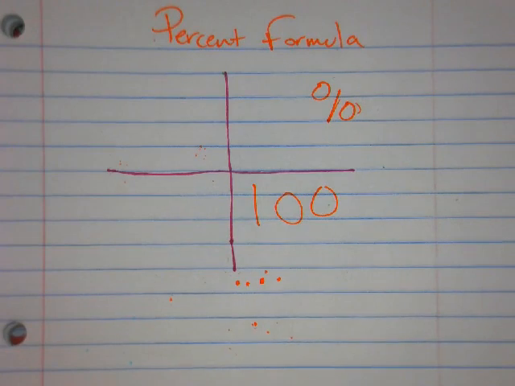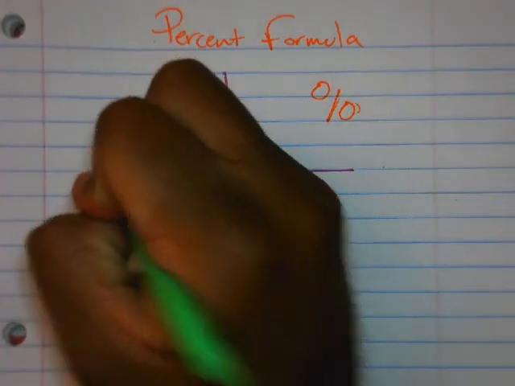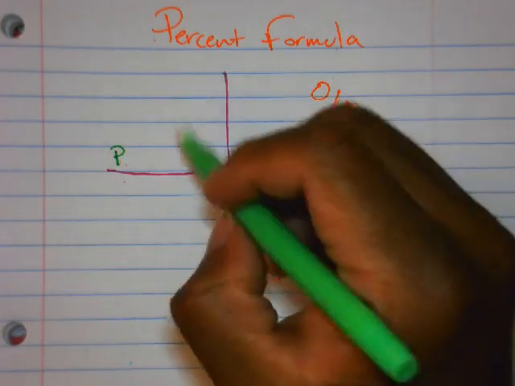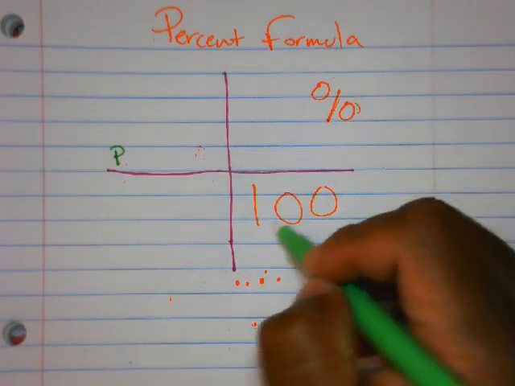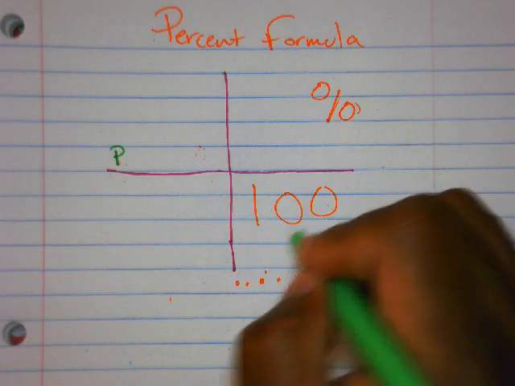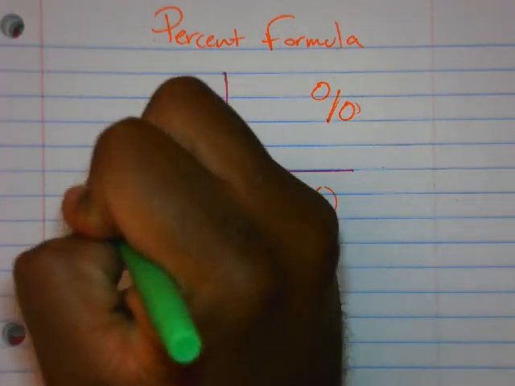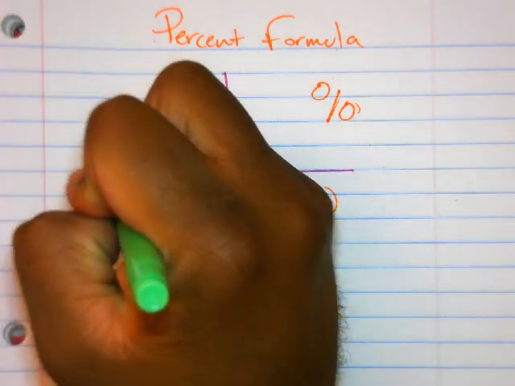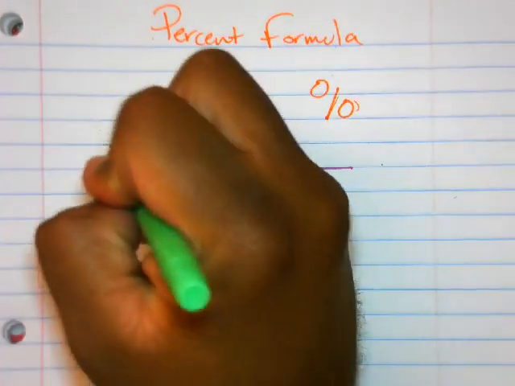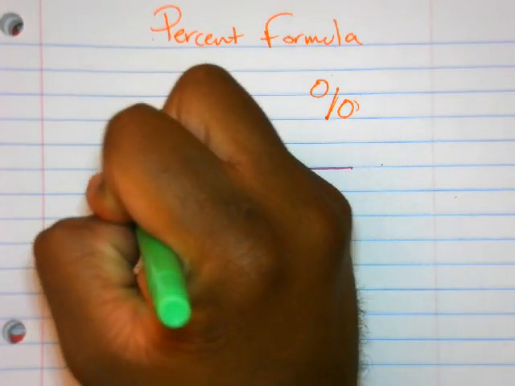Over on this side, the numerator is always your part. The percent is always a part of this 100. And whatever's over here, your denominator, is always the whole. So this is part, this is whole.